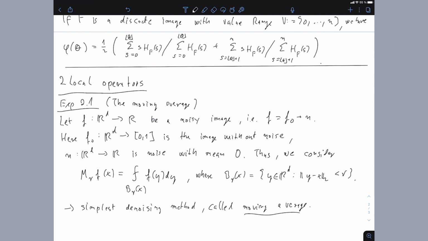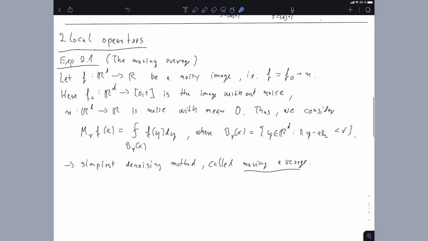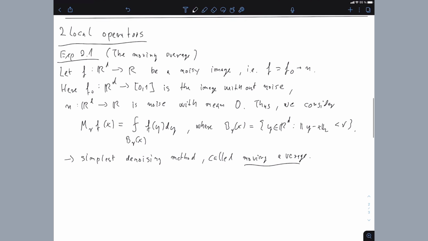Okay, but I only realized that I forgot to show this because I wanted to show some examples of what this moving average looks like. Continuously, it is very natural to take a true ball, but if you think more about the discrete world, it would probably be more natural to take a square or a rectangle because it's much easier to compute on your pixel grid. Let me also write that down.